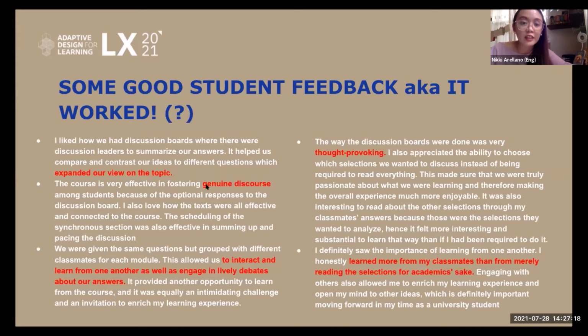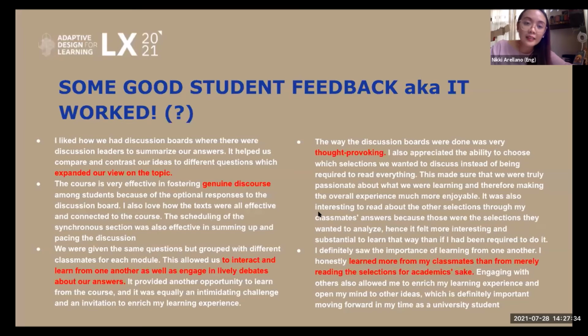It's effective in fostering genuine discourse, which was my goal, and this allowed us to interact and learn from one another. It's thought-provoking. They learned more from their classmates than from merely reading the selection for academic sake.